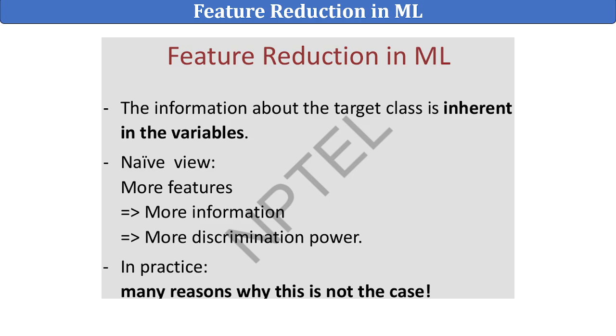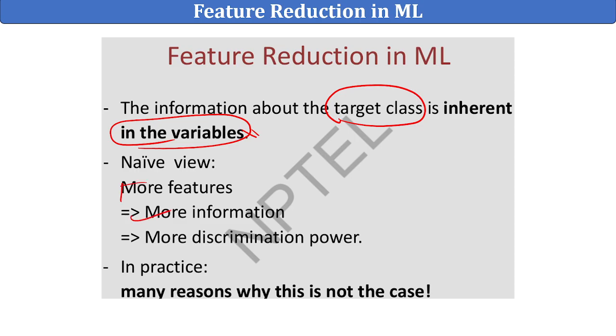So whenever we do this, we try to give the machine learning model informative features, not unnecessary data. The information about the target class is inherent in the variables, so the target class depends on the variables themselves.